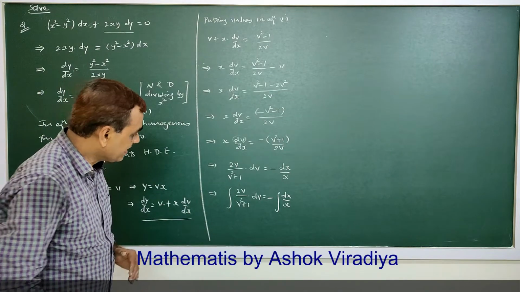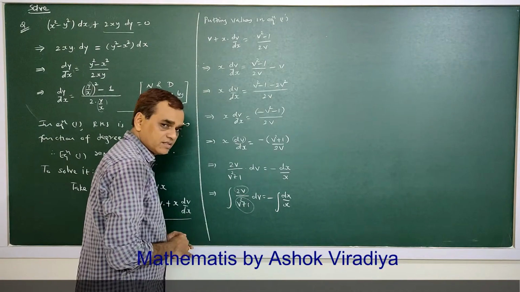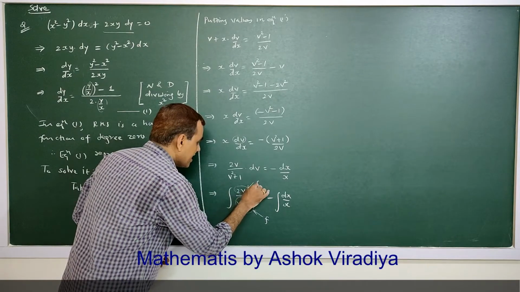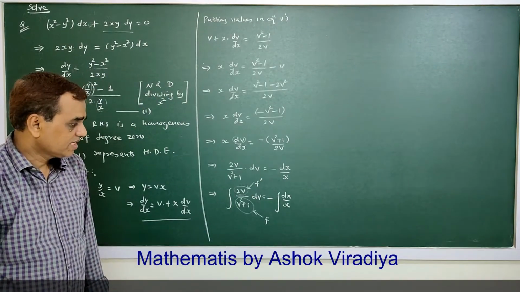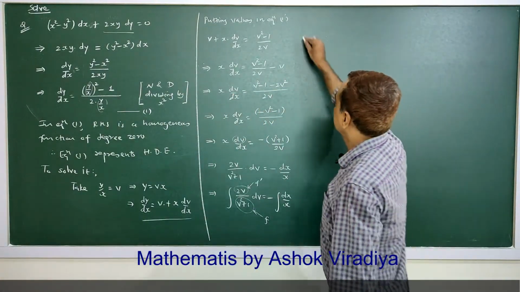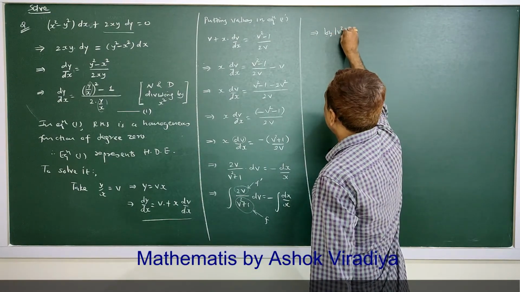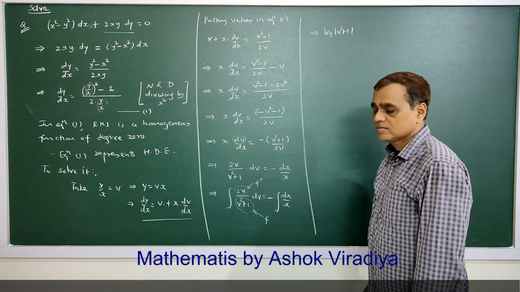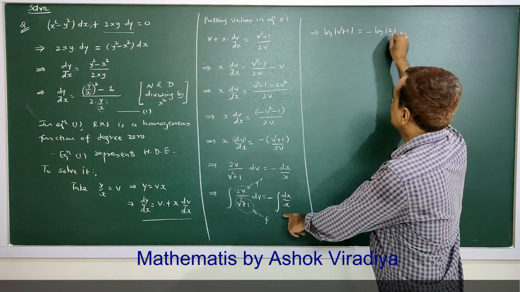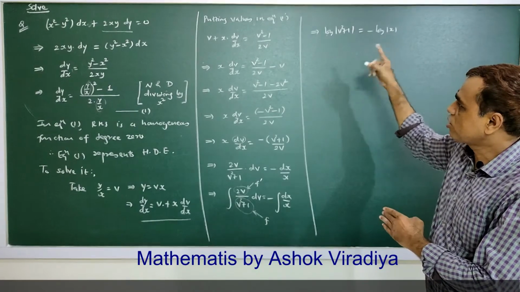Now getting the integrals, look here, the derivative of v square plus 1 is 2v. So if this is f, then this is its derivative f dash. And the integral of f dash upon f is log of modulus f. So therefore it is log of modulus f equal to, here, minus log of modulus x, and you can see that both are log terms.